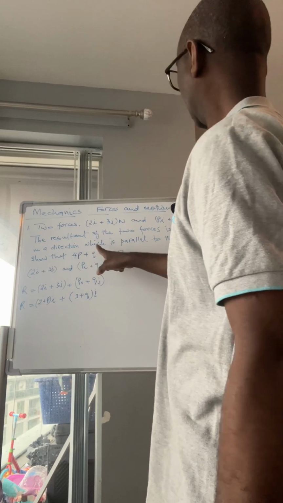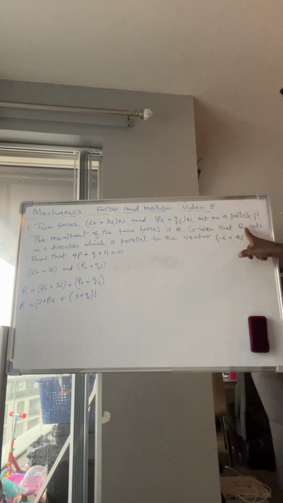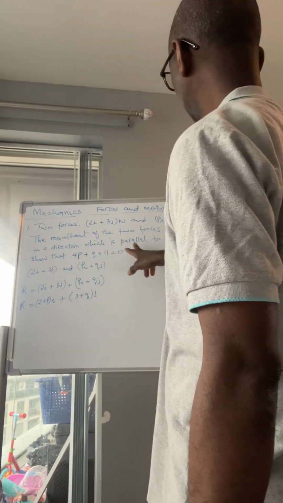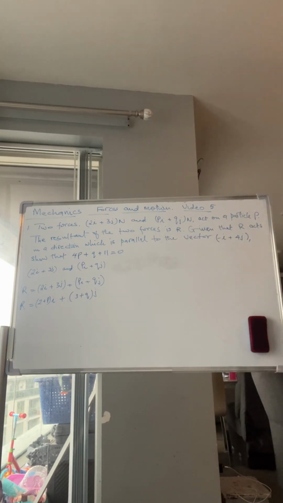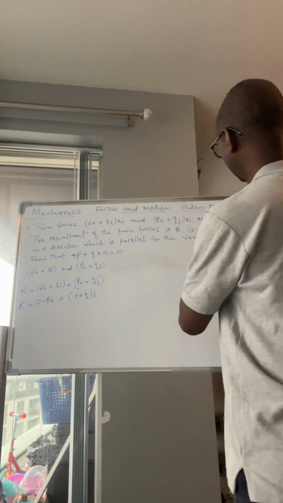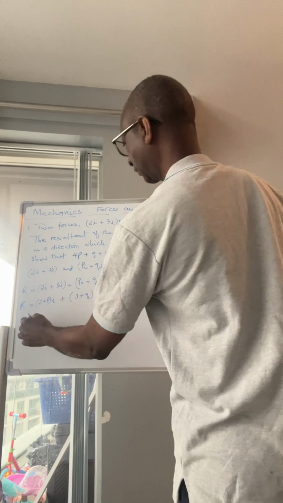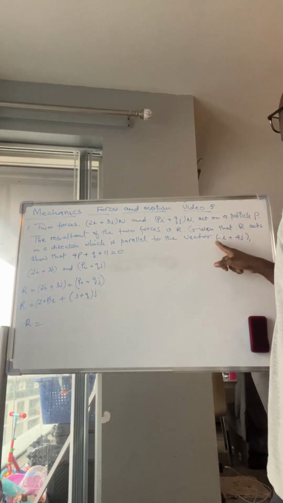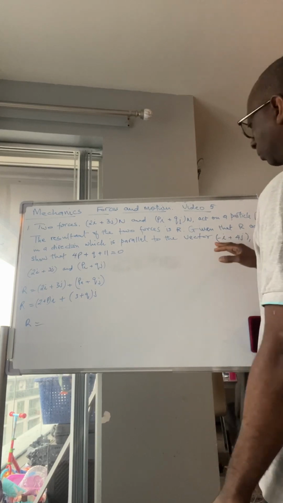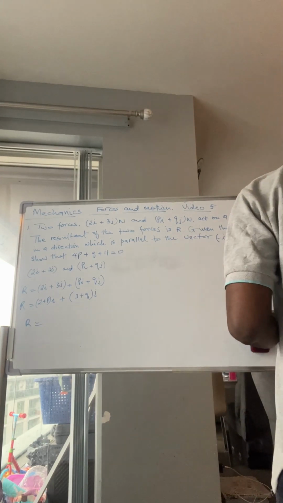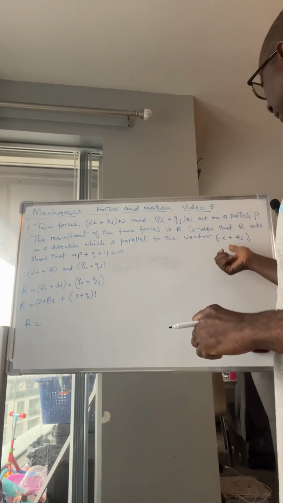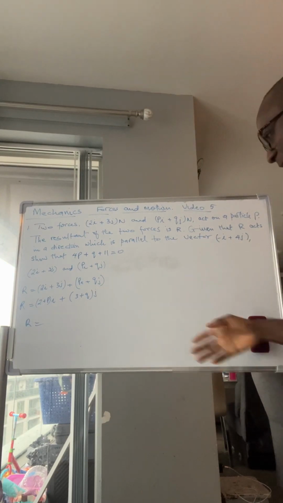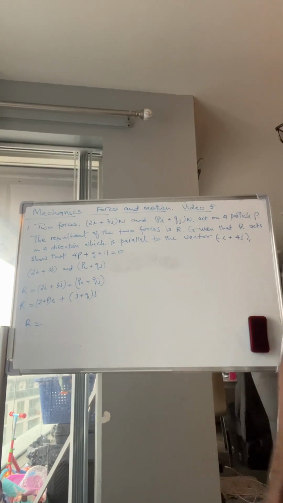We are told that R acts in a direction which is parallel to the vector -i + 4j. So we have a number to multiply this vector by for them to be parallel, as we have done in our previous demonstration.